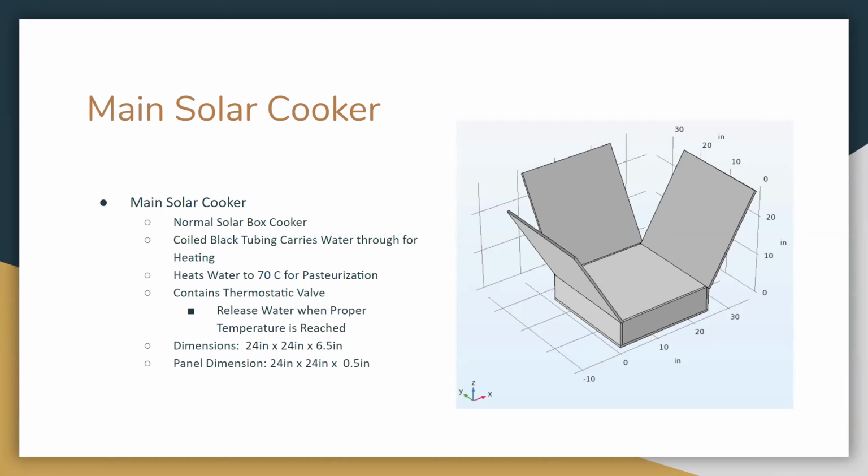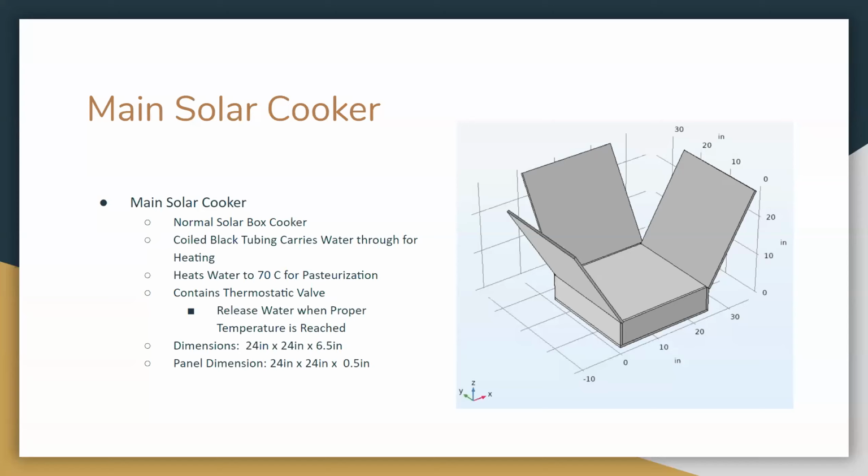It heats water to 70 Celsius for pasteurization and contains a thermostat valve, which releases water when the proper temperature is reached. Dimensions are 24 inch by 24 inch by 6.5 inch.